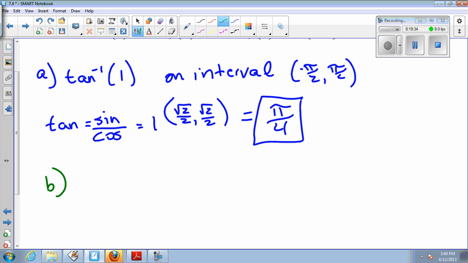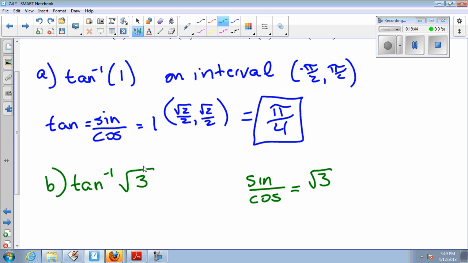For part B, we have the inverse tangent of root 3. So that means sine divided by cosine had to become root 3. I'm sorry, that was supposed to be root 3. Okay, so that means we need a root 3 somewhere in there. And we know its denominator is 2, because it always is. And we also need a 1/2.